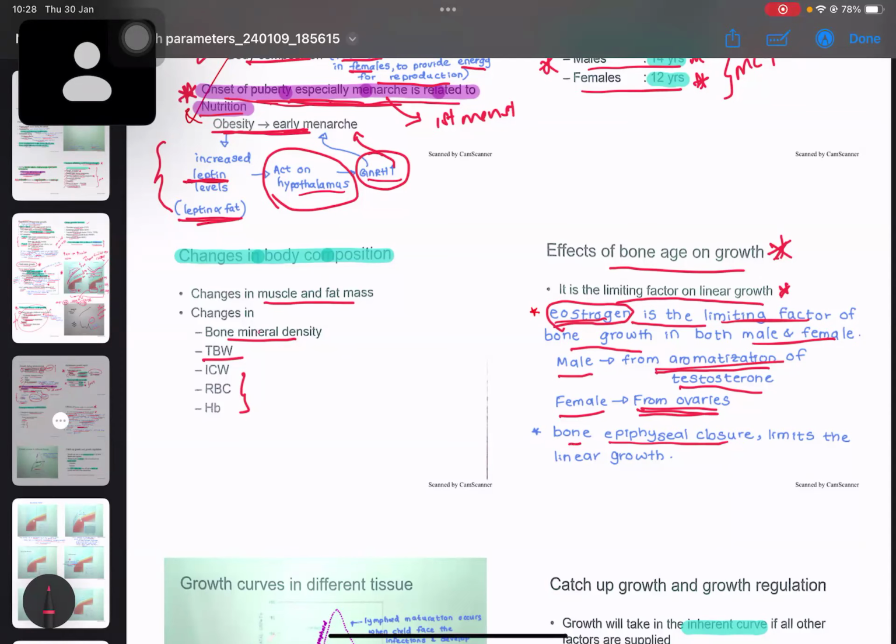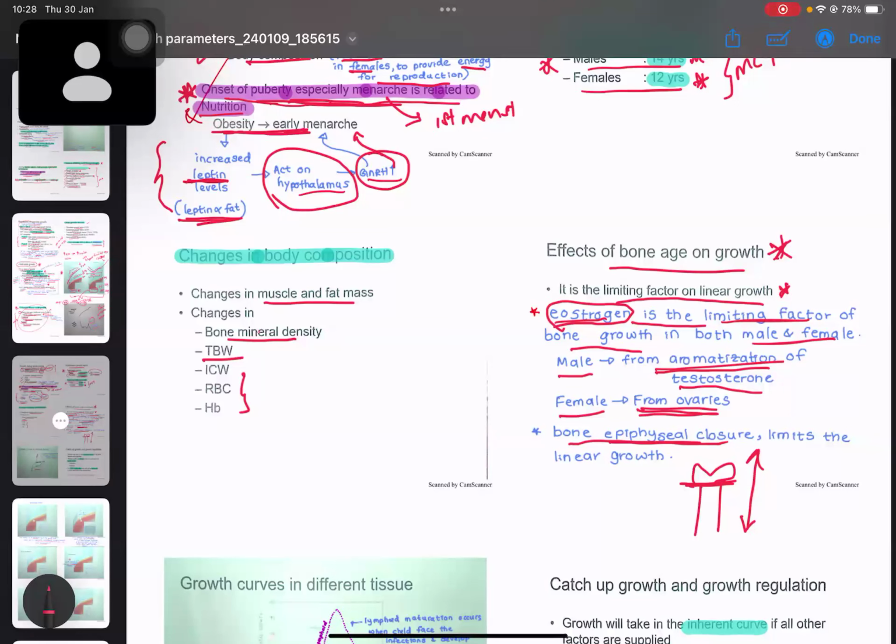The bone's epiphyseal closure: usually long bones have this epiphyseal plate. If the epiphyseal plate is closed, the bone won't grow longer.